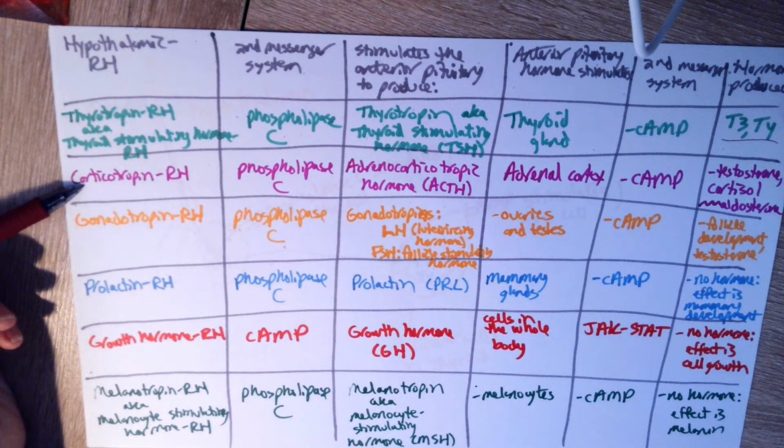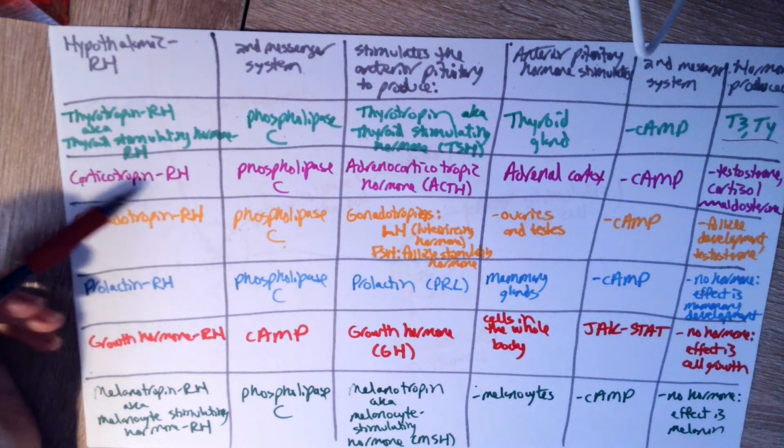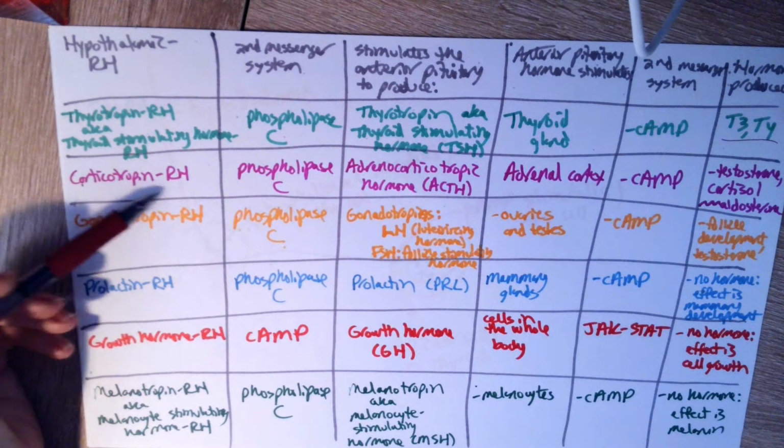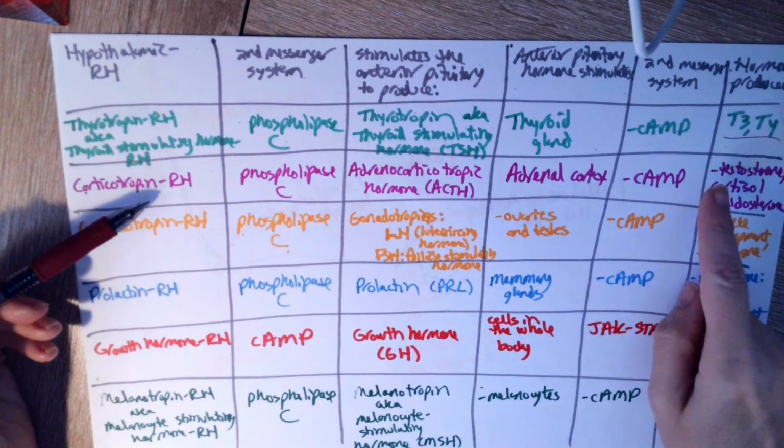The next releasing hormone from the hypothalamus is corticotropin releasing hormone. Cortico is referring to the adrenal cortex. Tropin means stimulating. So in the end, the target is going to be the adrenal cortex.